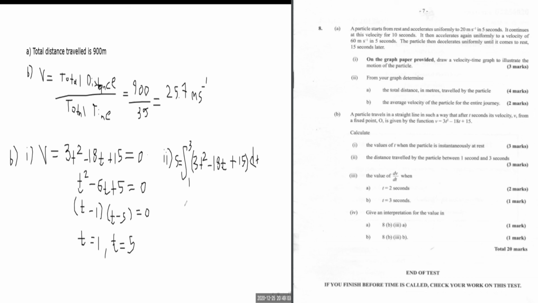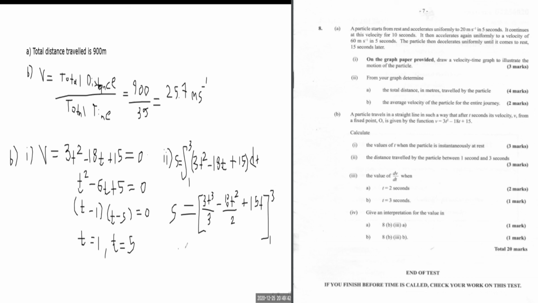So when we integrate this, what are we going to get? Add 1 to the power, so we get t cubed, because it's really 3t squared, but when you divide by 3, the 3 cancels, minus 18t squared over 2, plus 15t. And of course, we're going from 1 to 3.